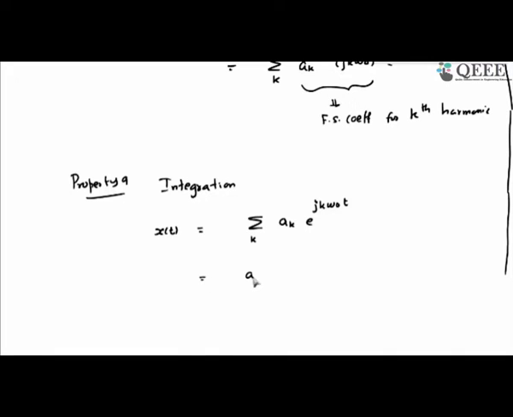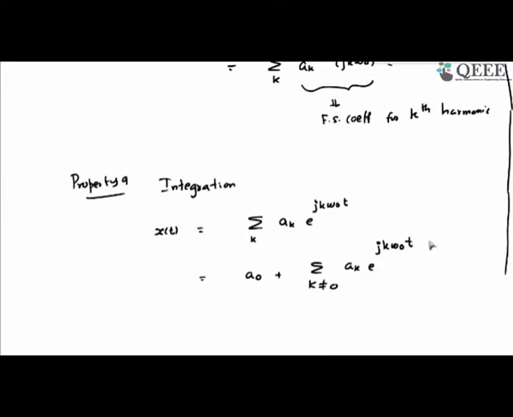Let us say this is a naught plus sum over k not equal to 0 of ak e power jk omega naught t. I take out the term corresponding to the 0th harmonic, that is called the DC frequency, and all the remaining things I will group in the summation.